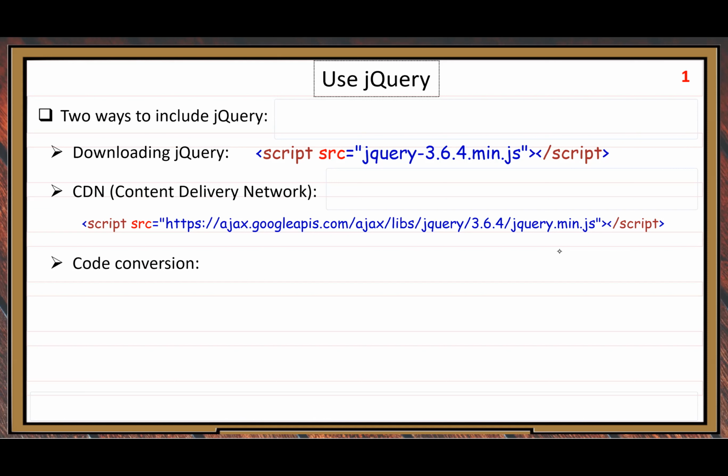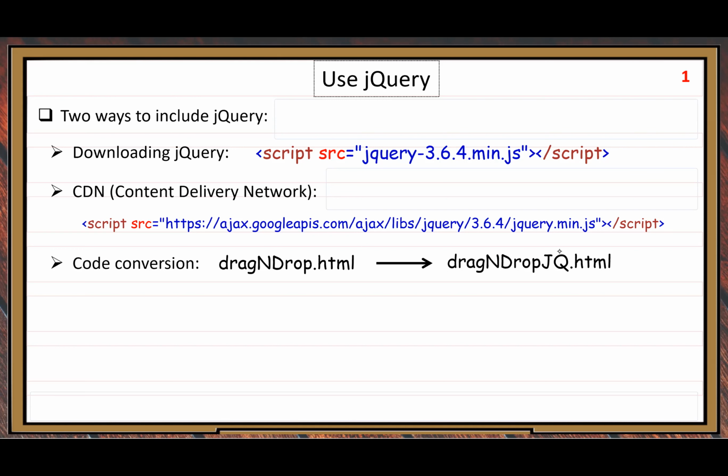Then code conversion. Remember last time I gave you a JavaScript version of that drag and drop? That's a completely plain JavaScript or regular JavaScript version. And we can convert it to a jQuery version. So for example, if I want to do this kind of conversion, I change the original JavaScript version to the jQuery version.